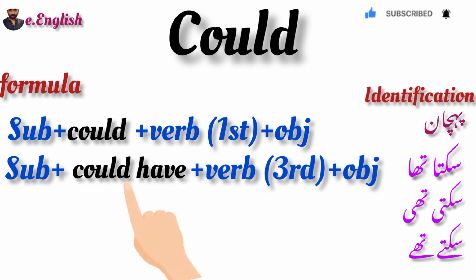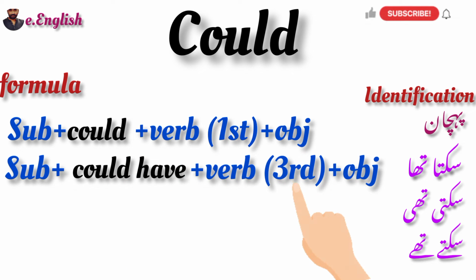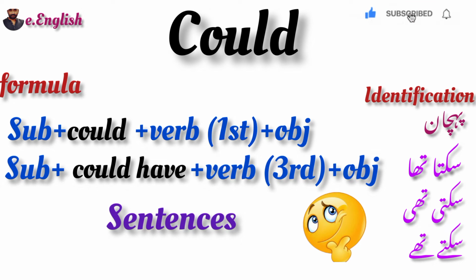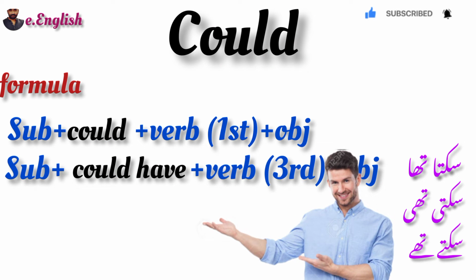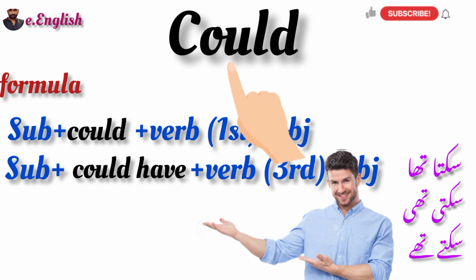If we use could have, then we use verb's third form. Let's see how we can make sentences by using could or could have.